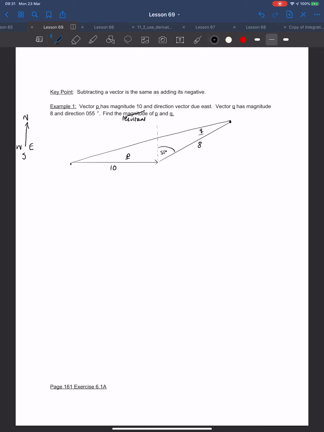So we need to find the double arrowhead one, and to do that we need to work out these bits around the side. If that's 55 degrees, that's 35 degrees. This is 8 cos 35 degrees, and this is 8 sine 35 degrees.